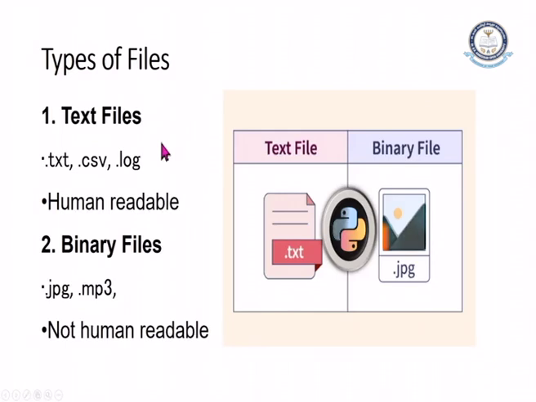Now, we have two types of files, those are text files and binary files. How can we understand these two? A text file is nothing but a human readable format, .txt file or .doc file, .ppt file, all these are text files, humans can easily understand that.